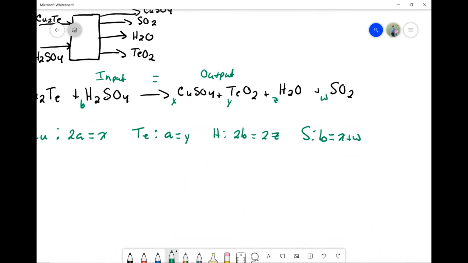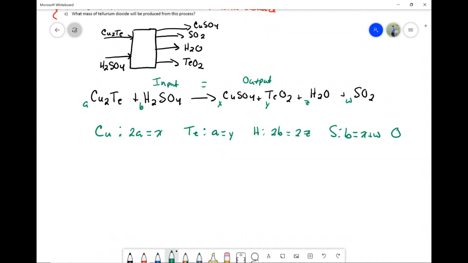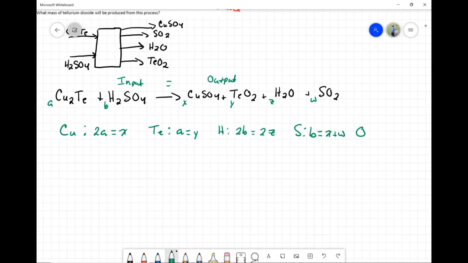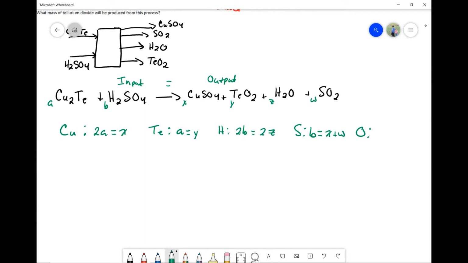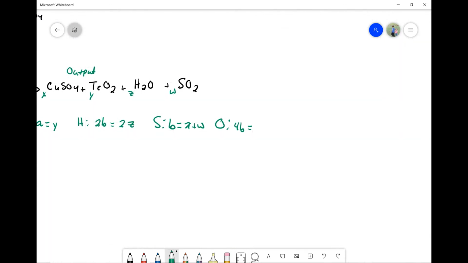And for oxygen, sorry about that. We have 4B. This is a big one because there's oxygen everywhere. It's here, here, here. It's on every one. So it's on 4 of the outputs. 4b equals 4x plus 2y plus z plus 2w.